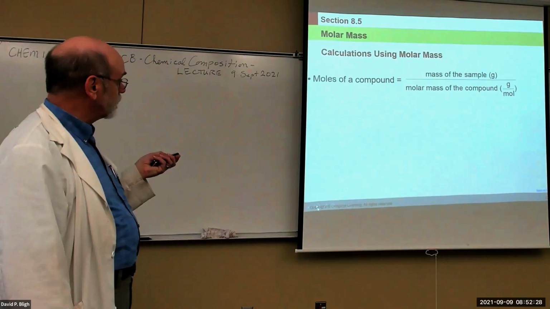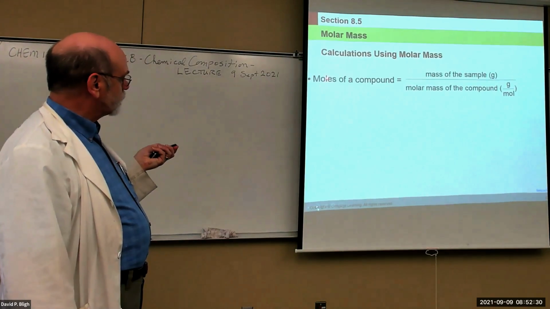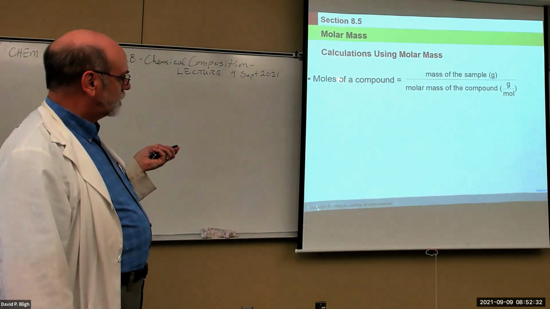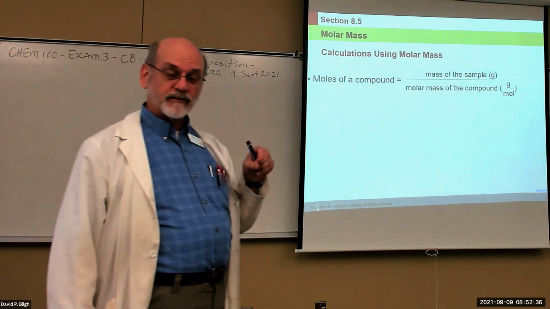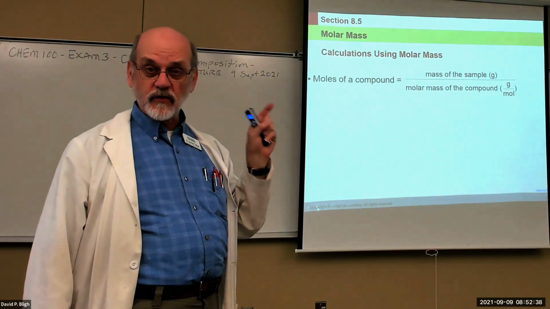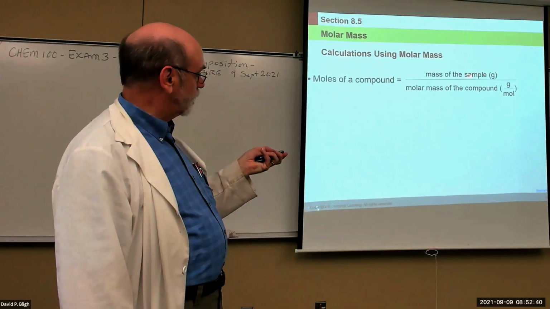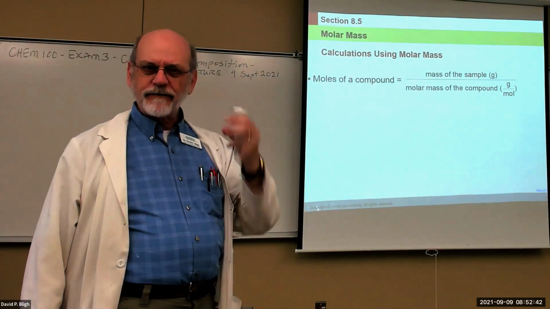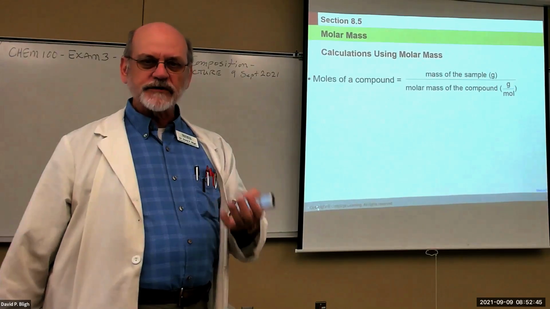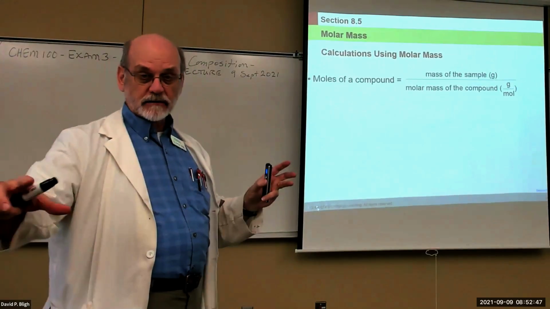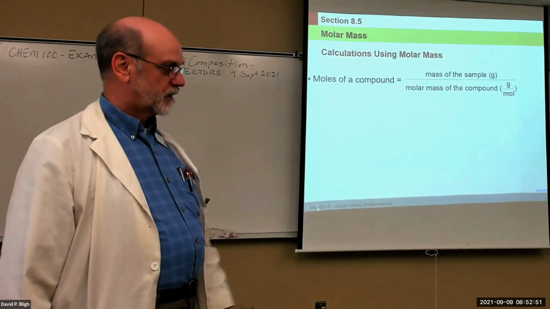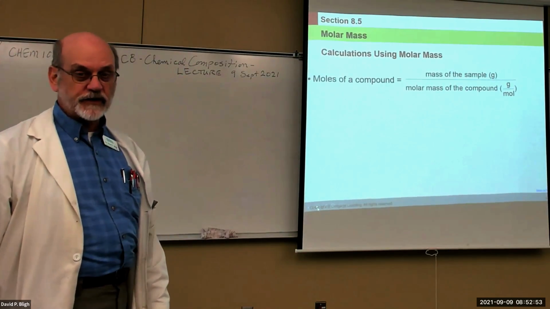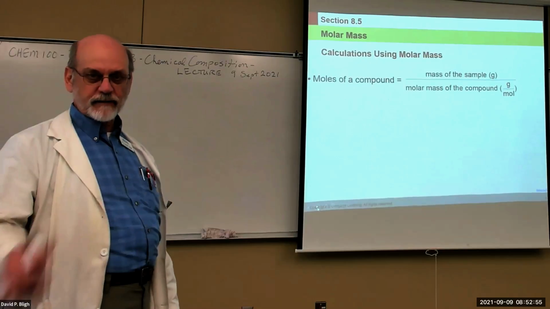This one was put together like this: if you have so many moles of compound, and you multiply it by a factor, grams per mole, then the moles cancel and leave you with grams. And that's where this grams comes from. So I follow the units. If the units of measure don't work out in your formula, then there's something wrong. Doesn't matter what the numbers are. If the units don't work, then you can forget about the numbers.